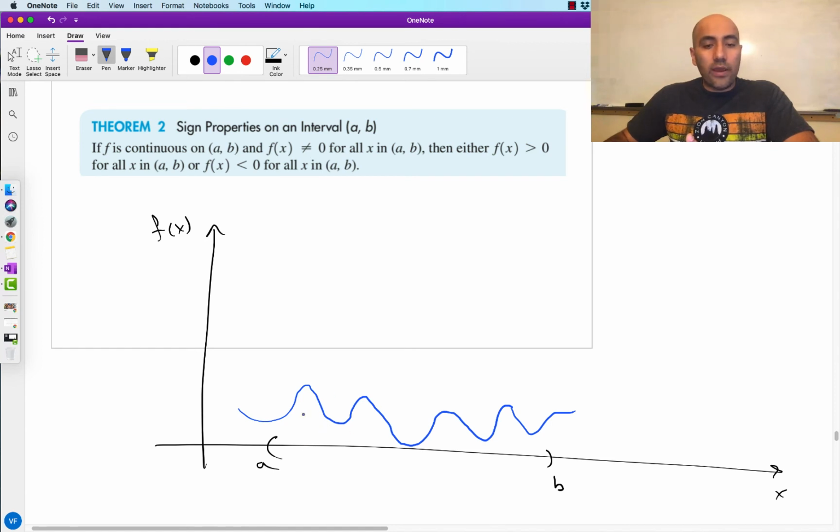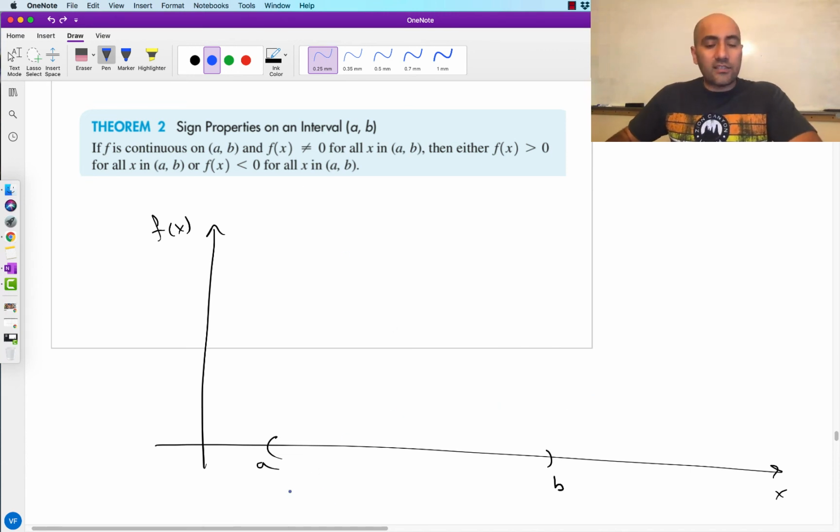There's no way that my function f of x could ever be negative down here, because in order for my continuous function up here to ever make it below the x-axis, I would have had to touch 0. And we're being told that the function was never equal to 0.